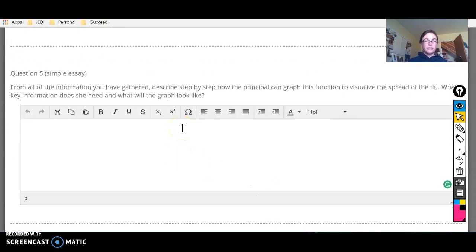Okay, so from all of the information you've gathered, describe step by step how the principal can graph this function to visualize the spread of the flu. So the first thing the principal should do is identify that horizontal asymptote at y equals 6.